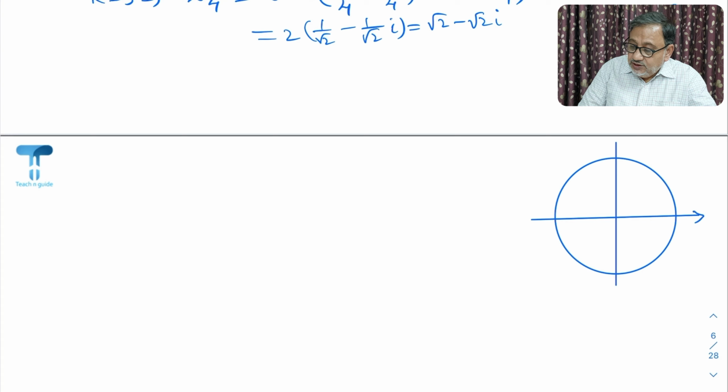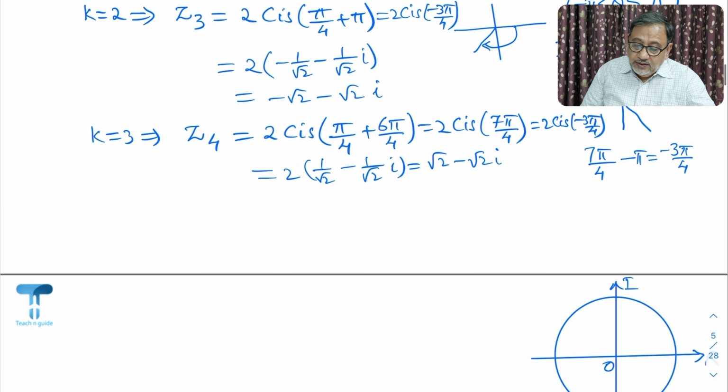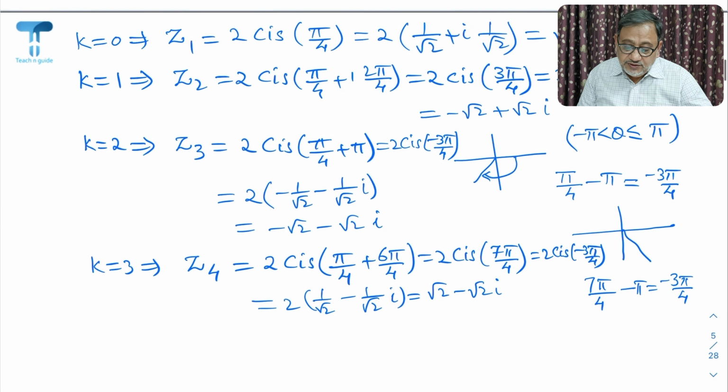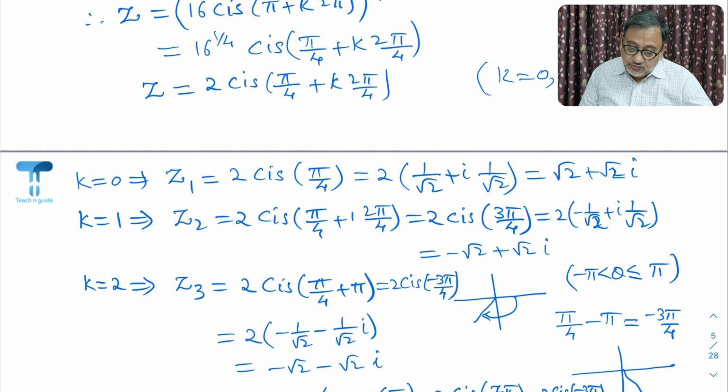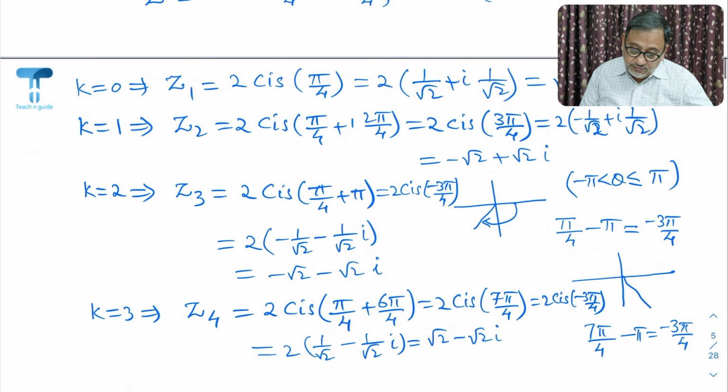Yeah, this is the real axis, imaginary axis, origin. What will be the radius of these roots? It will be 2, right?